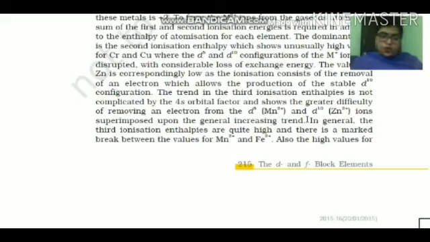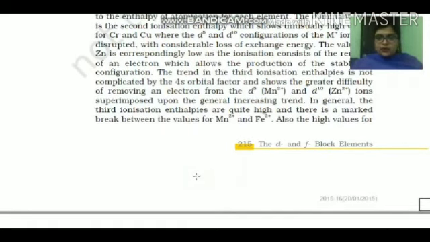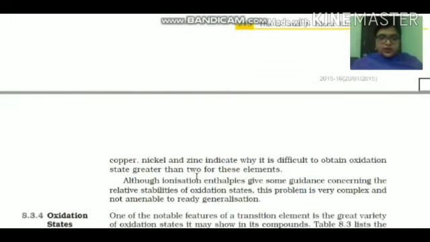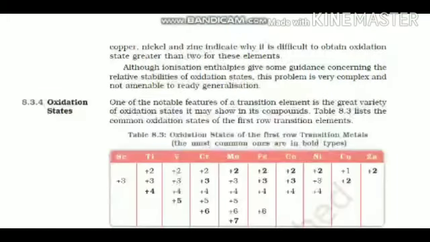So for iron the third ionization enthalpy will be low because after losing the electron it will enter a stable 3d5 state. Okay, so this is all about the ionization enthalpy of transition elements.